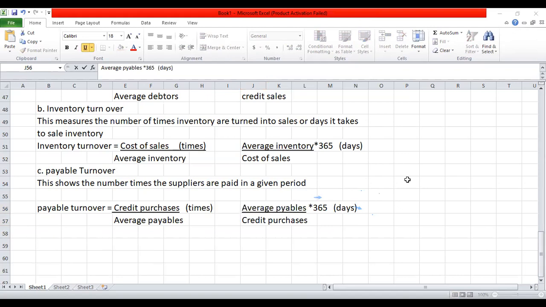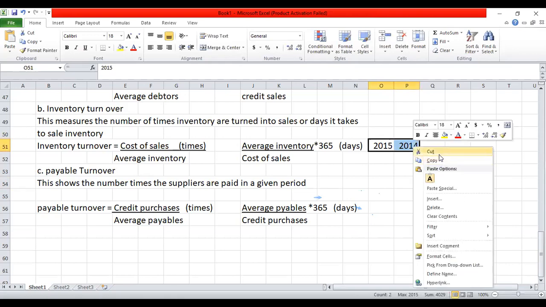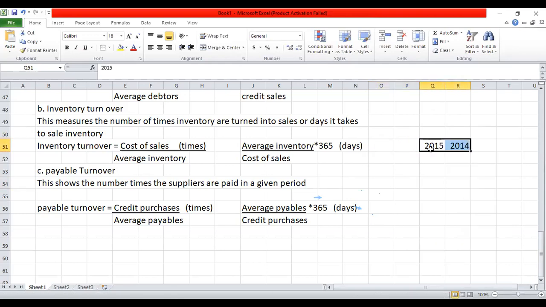Average, of course, you are getting opening plus closing. If I'm analyzing 2 years, 2015 and 2014, let's say I have data here of 20 and I have data here of 30.